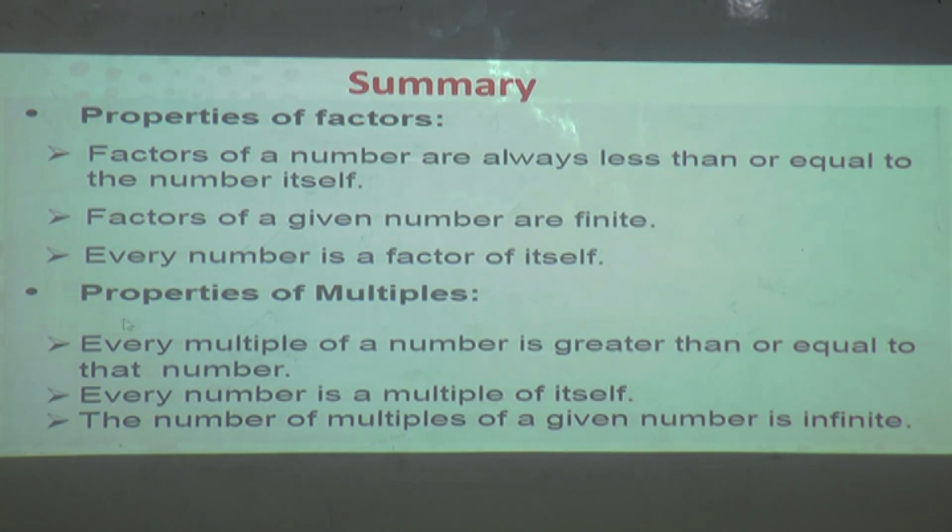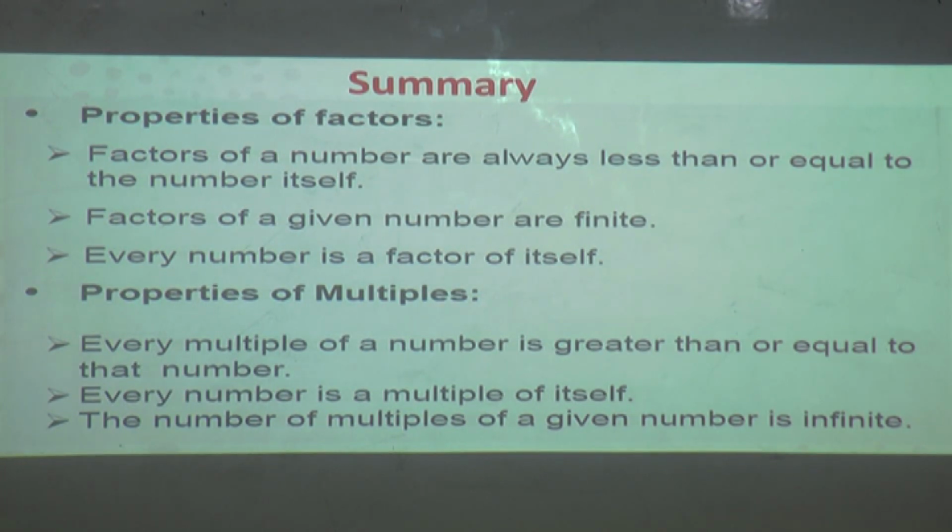Now we'll see properties of multiples. Every multiple of a number is greater than or equal to that number. Suppose we are taking the multiples of 24. The multiples of 24 are always equal to 24 or greater than 24.